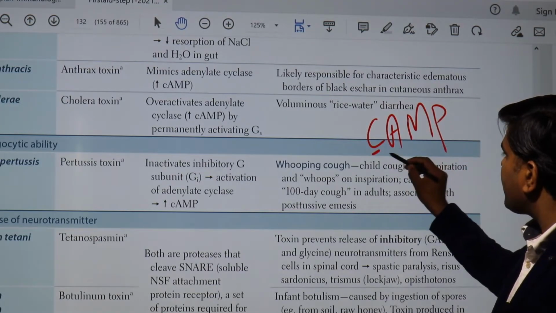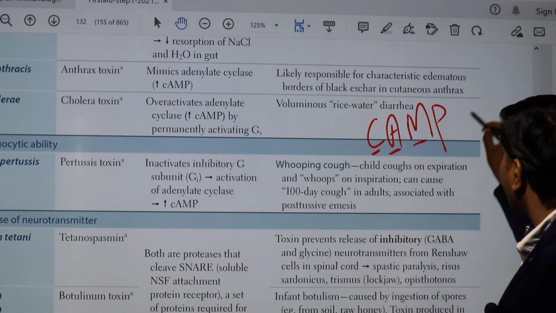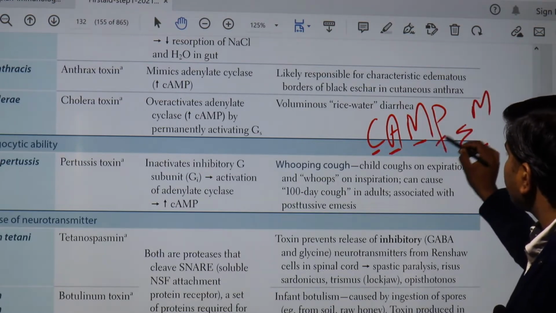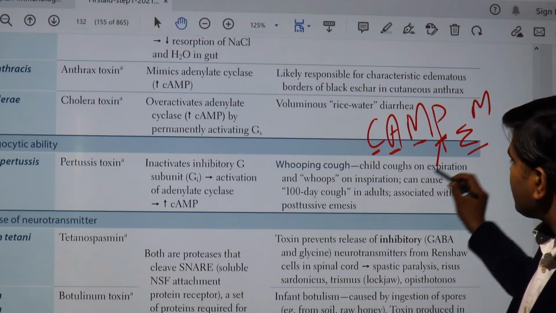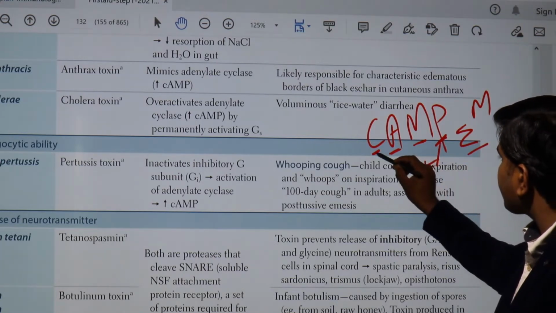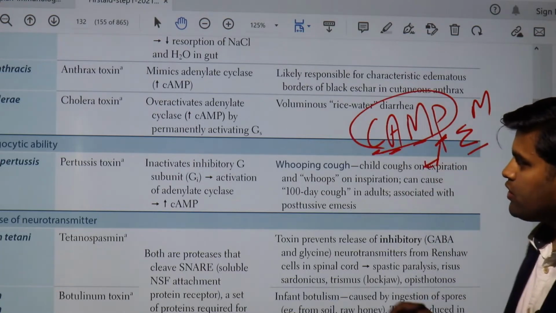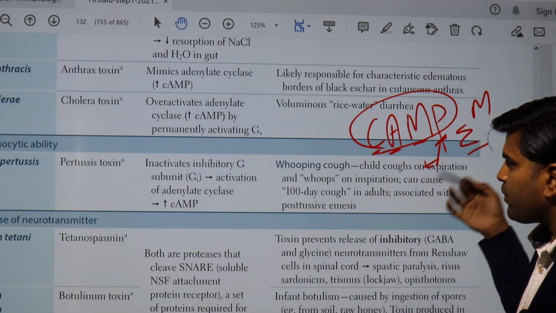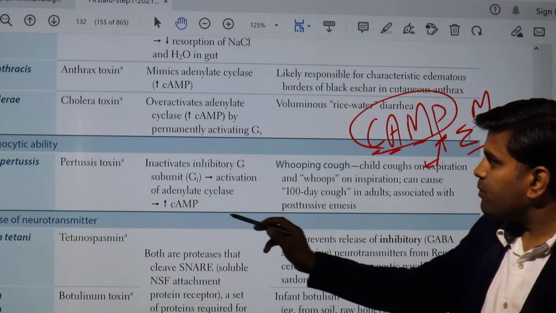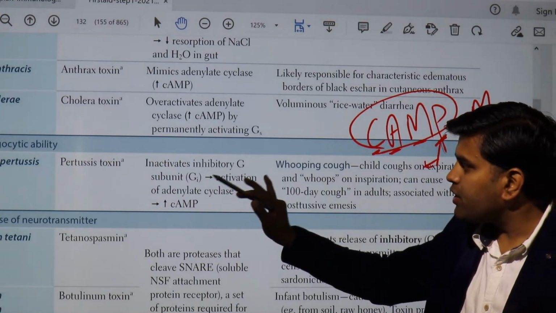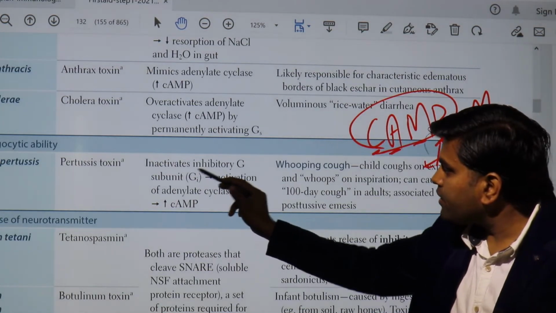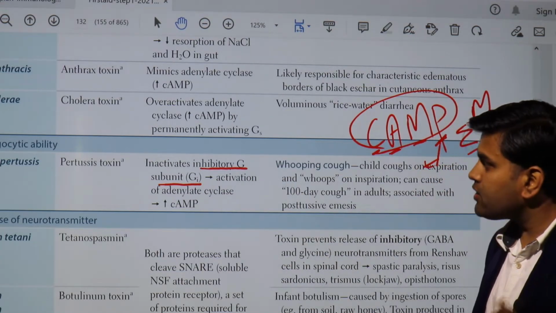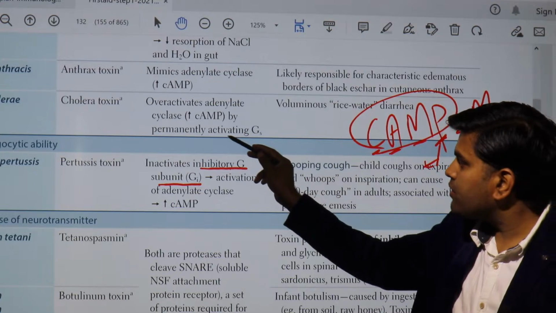C for cholera, A for anthrax, M for E. coli, and P for pertussis. All of these act by increasing cyclic AMP. So cyclic AMP will be activated, but they are asking how the cyclic AMP got activated. If you remember, cyclic AMP gets activated in Bordetella pertussis by inactivating the inhibitory Gi subunit. In the case of Vibrio cholerae, they actually activate the Gs protein.